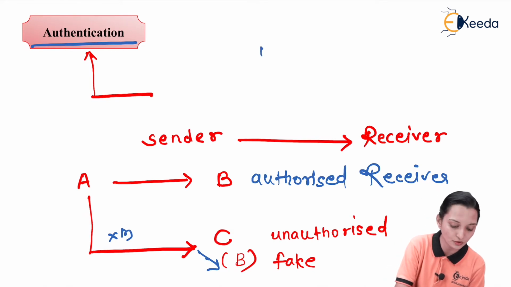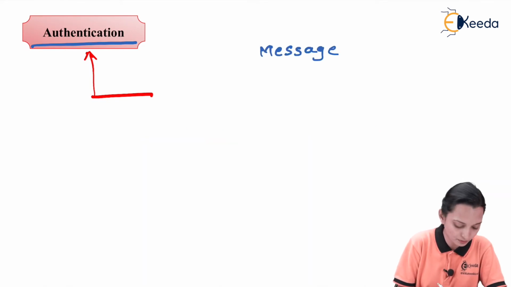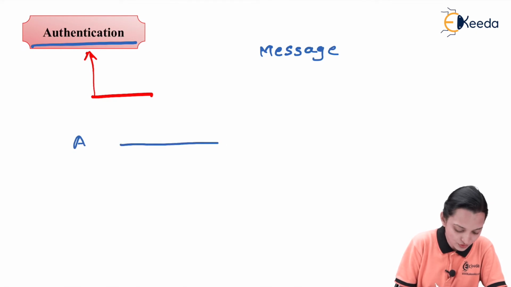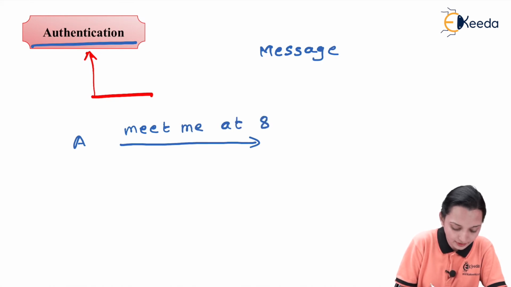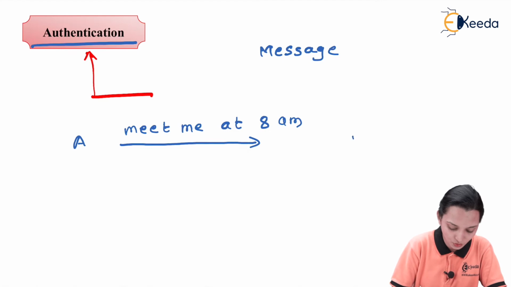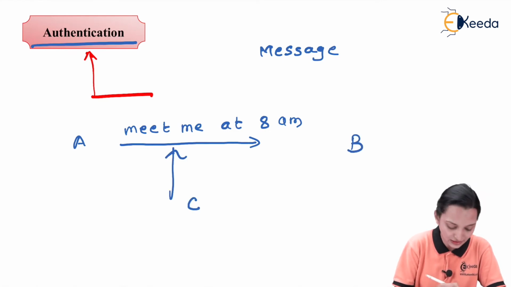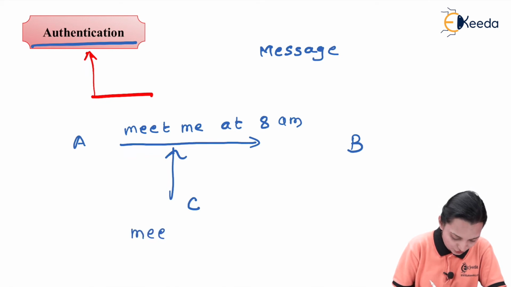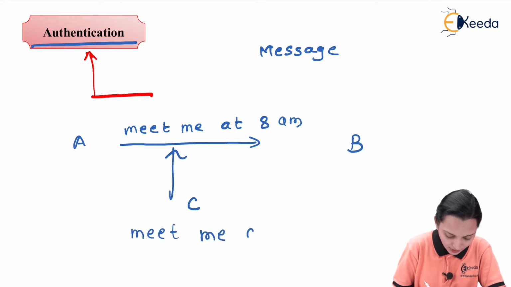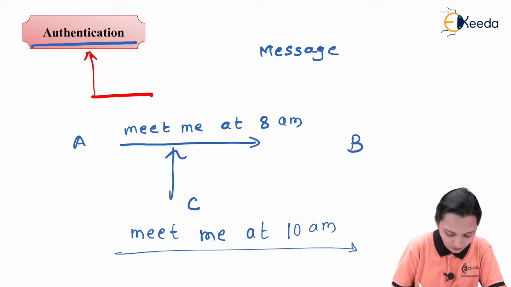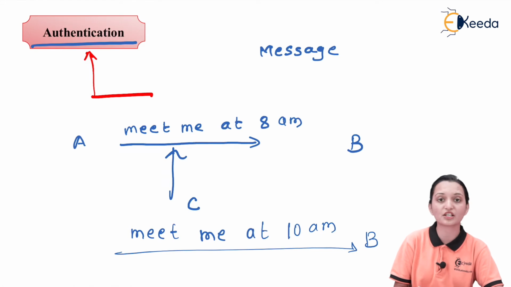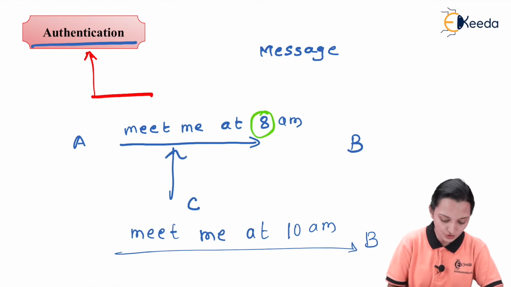Second is authentication of message. For example, again, if A tries to send to B, "Meet me at 8 a.m.", and hacker C tries to change or modify that message, "Meet me at 10 a.m.", and then that message is transmitted to B. There is a change in the time.